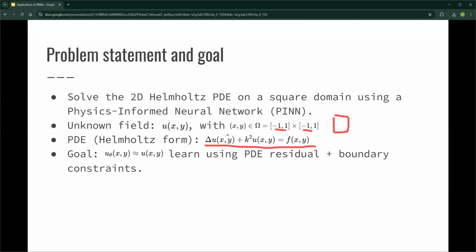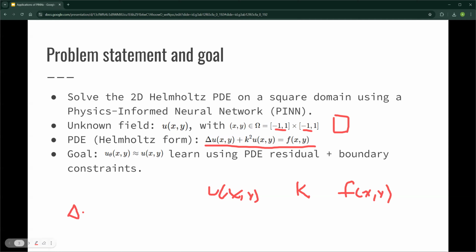In this equation, we have u(x, y), the unknown scalar field. k is a fixed wave number. And like I said before, f(x, y) is a forcing term in the PDE. The triangle, del, is the Laplacian.